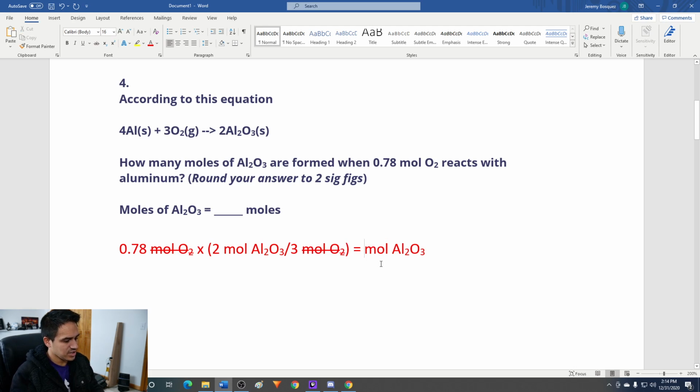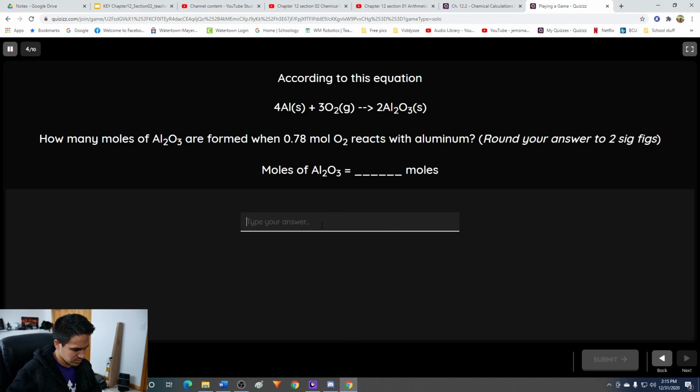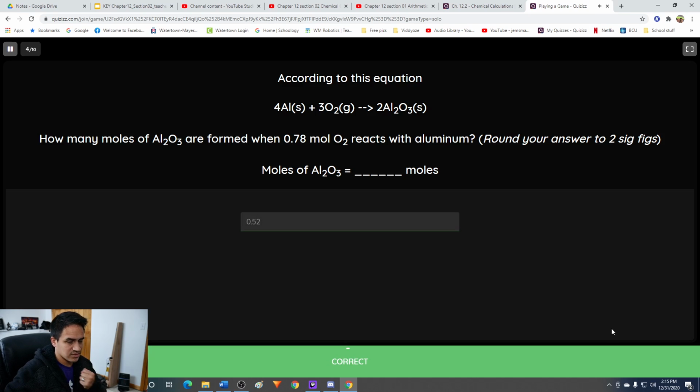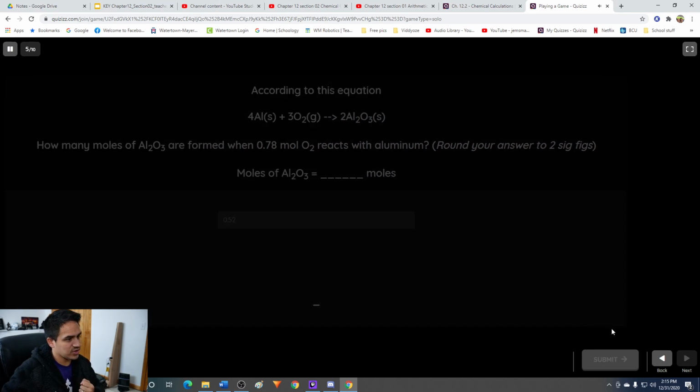So I'm going to take 0.78 times 2, divide by 3, and I get 0.52 moles of Al2O3. It does say round to 2 sig figs, which we already have. So let's go put that in. So 0.52, hit submit. All right, we know what we're doing.